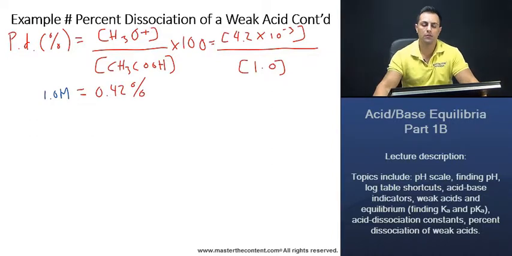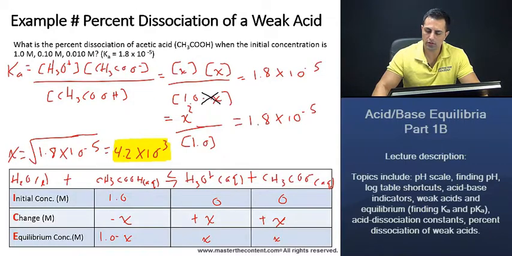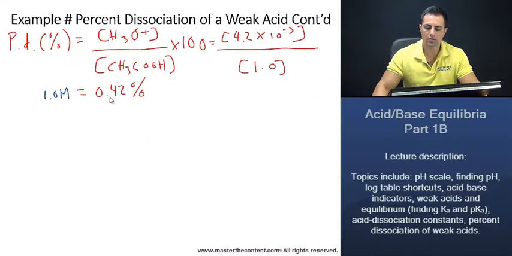When we made that assumption, this now for sure is justified, because it's not even 1%. So it's not even 1%. X is not even 1% of the initial concentration. Okay, great.